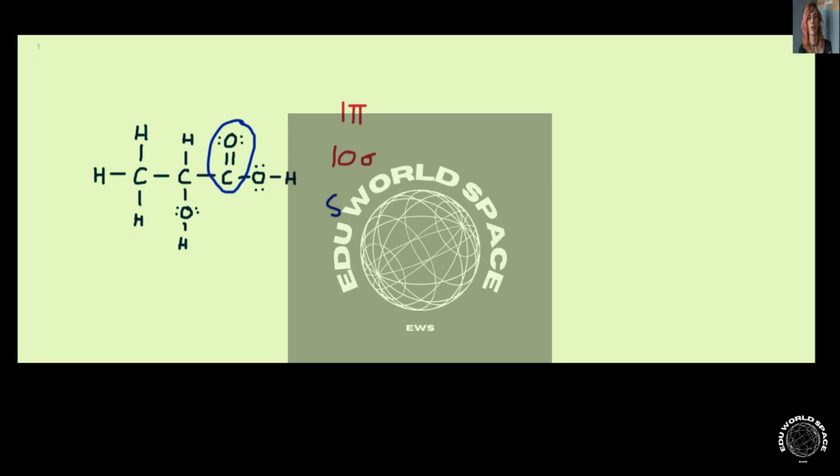If you have 3, sp2. If you have 2, then you're sp hybridized. And you can see that you have 1, 2, 3. Even though you have a double bond here, that still counts as 1 electron domain. So that means if you have 3 electron domains, then you are sp2 hybridized.